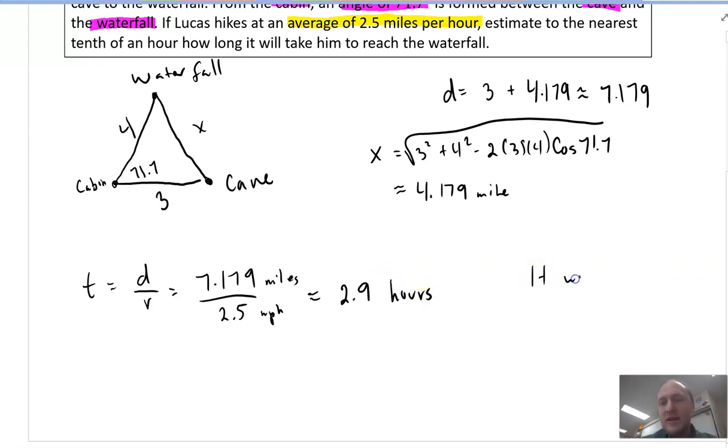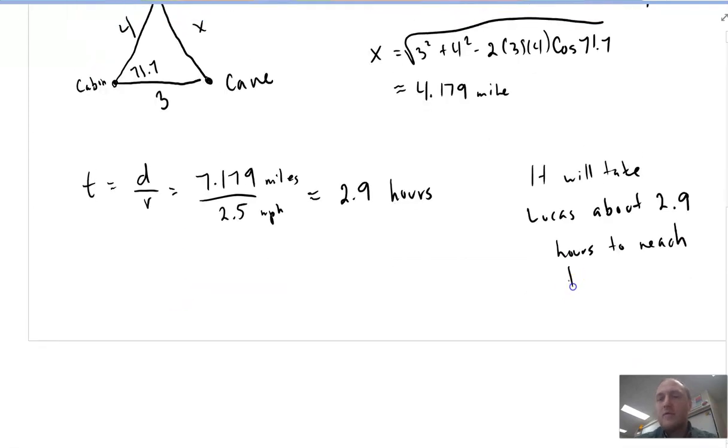So it will take Lucas about 2.9 hours to reach the waterfall.